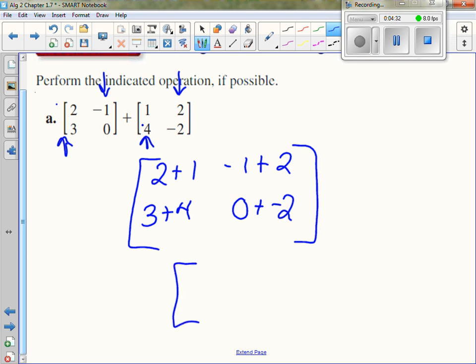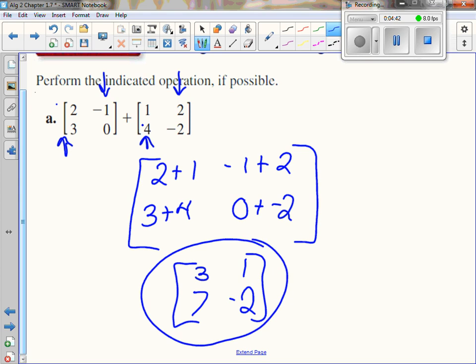So what are we doing? 2 plus 1 is 3, -1 plus 2 is 1, 3 plus 4 is 7, and that's it. That's all we have to do here. We're just adding or subtracting those corresponding elements. That's all we have to do to add two matrices together.